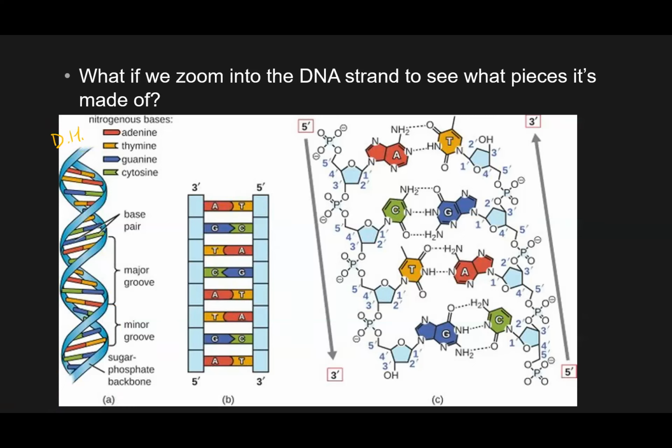Now, this image on the right-hand side is showing the same information. These parts here with the blue pentagons represent, roughly speaking, the individual parts that form the backbone or the handrails of the ladder, and these parts here, the A, the C, the T, the G's, represent the individual parts that make up the rung.